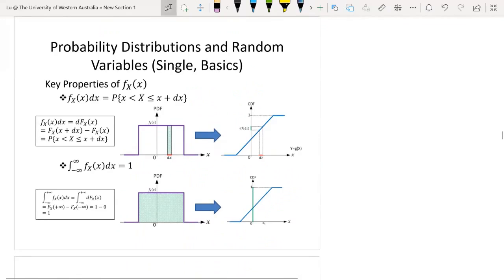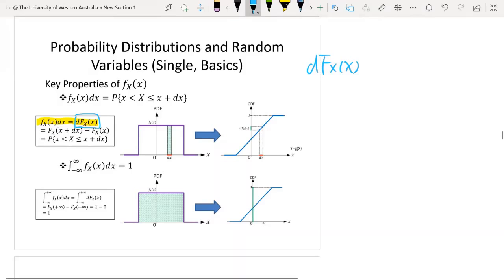Okay, so this is the relationship between the CDF and PDF. Some important properties regarding the PDF function are given in the next several slides. The first one is not new anymore. We have already known the principle of that. This is that new formula we derived by moving the dx from the right-hand side to left-hand side. And then the dFx, we mentioned that is a small change of the CDF function curve.